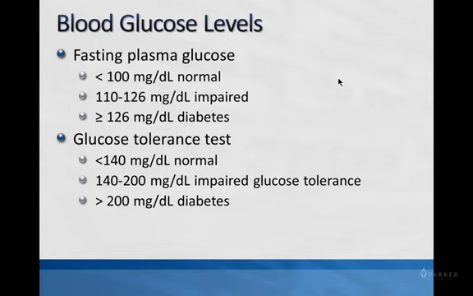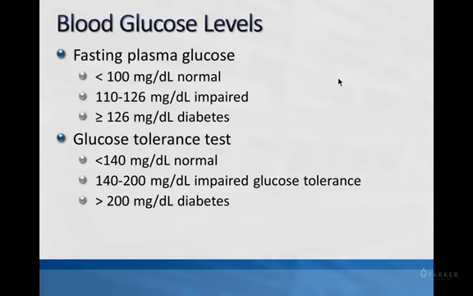Fasting blood glucose, these are the ranges. You might get slight differences depending on what lab you use. But generally, if you have fasting blood work done, your glucose level should be less than 100 milligrams per deciliter.